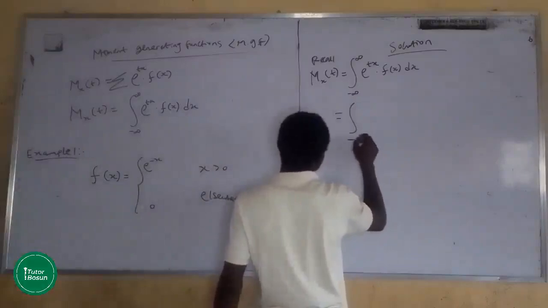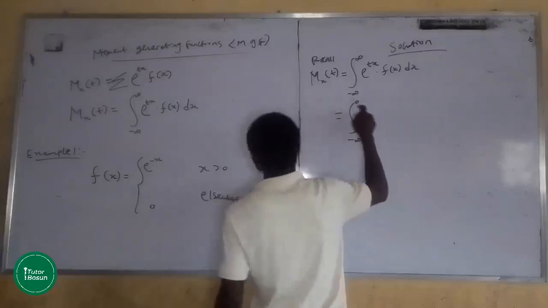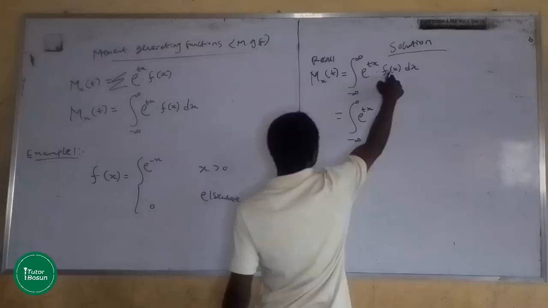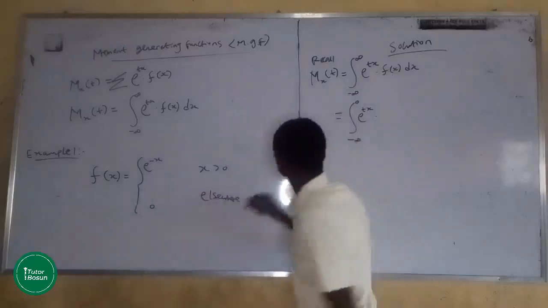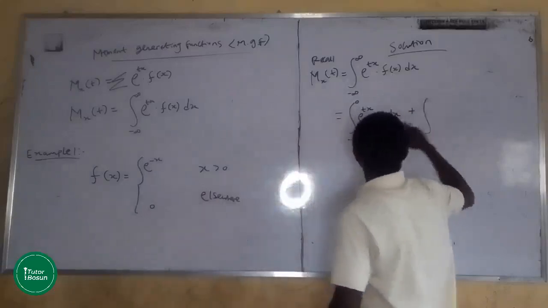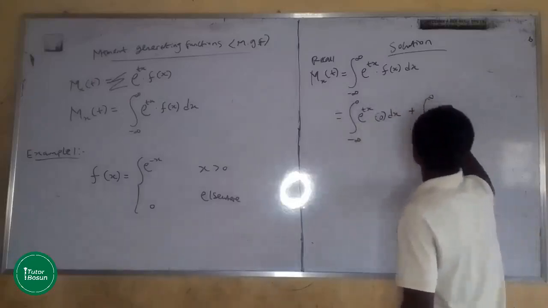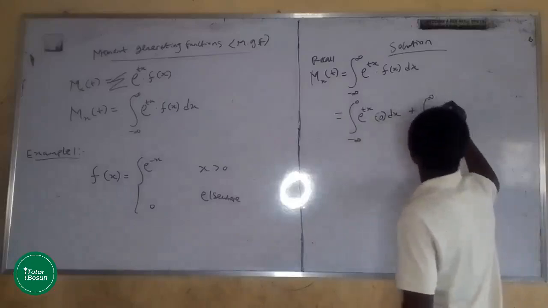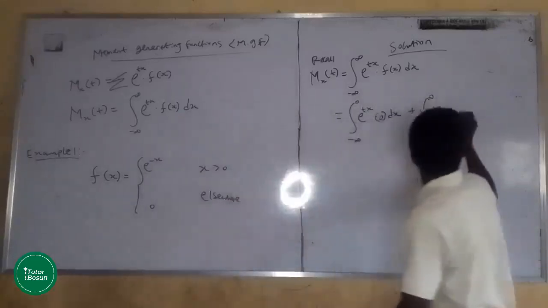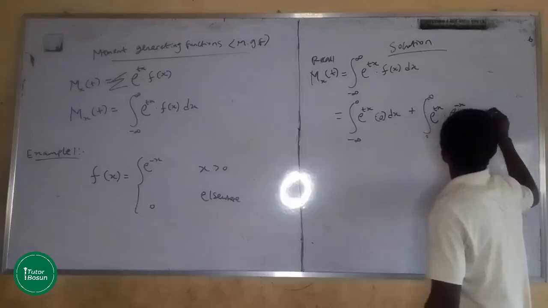So here we have the integral from minus infinity to 0 of exponential tx multiplied by f of x, and f of x for that boundary is 0, so times 0 dx, plus the integral from 0 to infinity of exponential tx multiplied by f of x, and f of x for that condition is exponential minus x, dx.